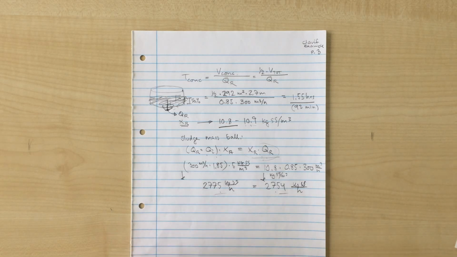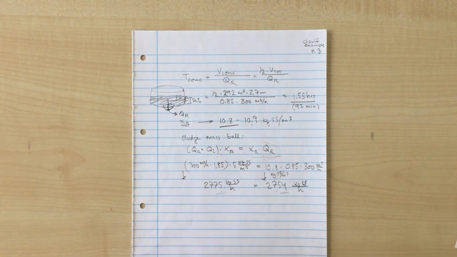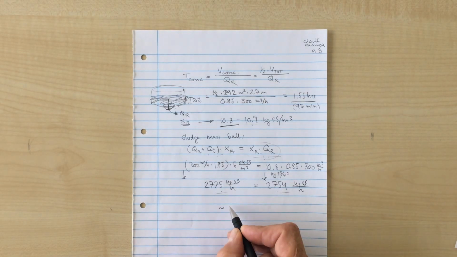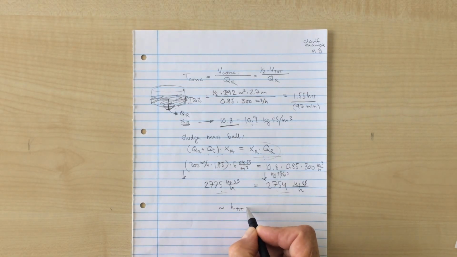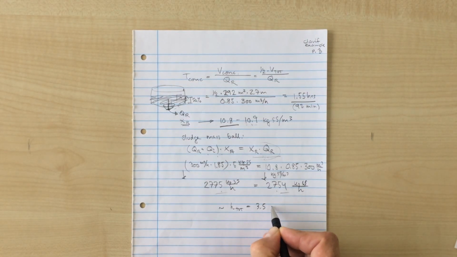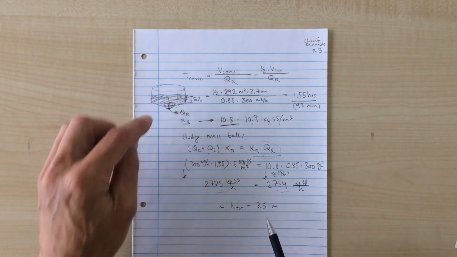So the question is how accurate I can actually design things, and I can say, well, maybe I should choose a clarifier which is slightly bigger or slightly deeper, recheck my numbers, and end up with that. So maybe I should have a total height of 3.5 meters. That would give me much more volume for the sludge.